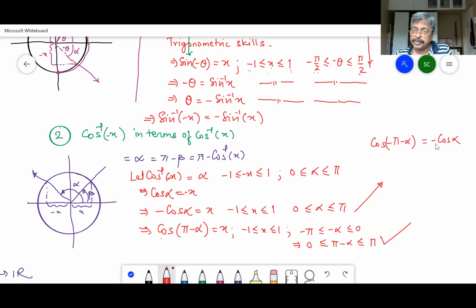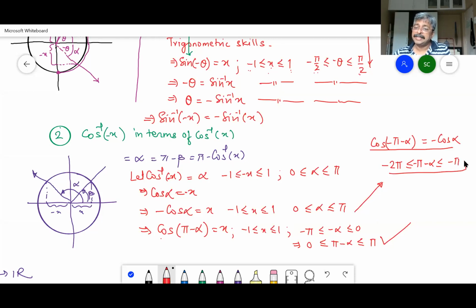If you consider this, trigonometrically it is correct, but if you check what this angle is, whether it is lying in the range of cos inverse or not, and do these calculations, you are adding minus pi. So it will become minus 2 pi less than or equal to minus pi minus alpha less than or equal to minus pi.